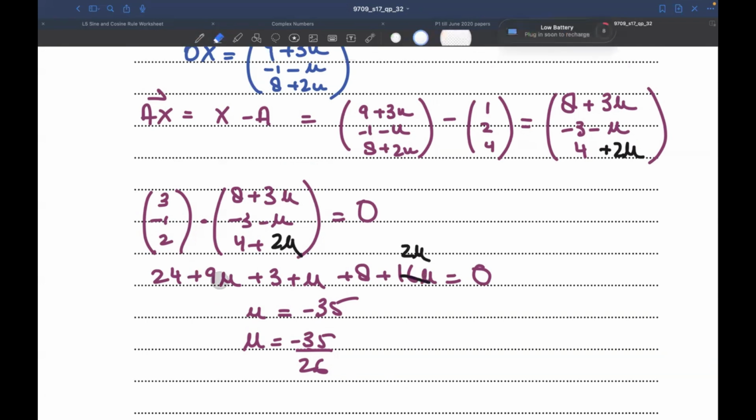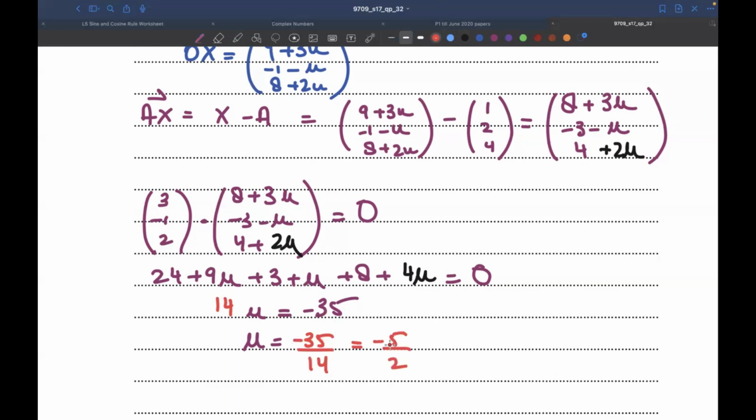So 9 plus 1, 10, 10 plus 4, that will become 14. And then 35 divided by 14, so this is minus 35 upon 14, which equals minus 5 upon 2.